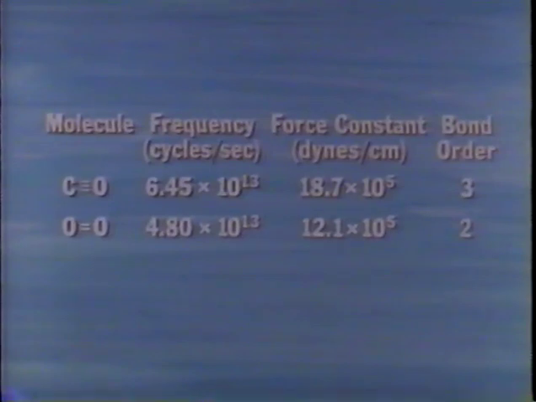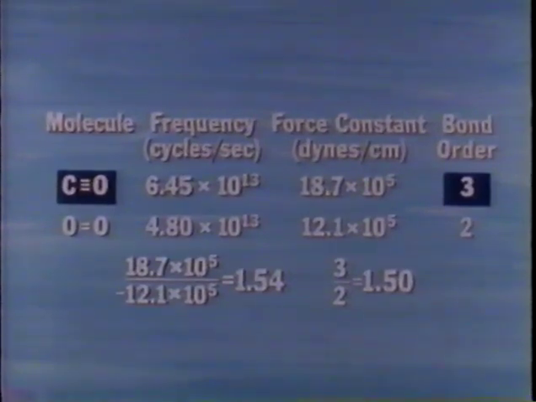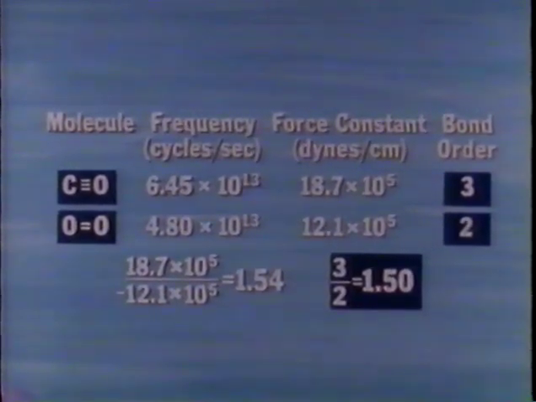So the force constant in CO is 1.5 times that in O2, just like the chemical bonding in these two molecules. CO has a triple bond, O2 a double bond. The ratio is 1.5. Molecular spectroscopy connects observed absorptions to these chemical bond properties.